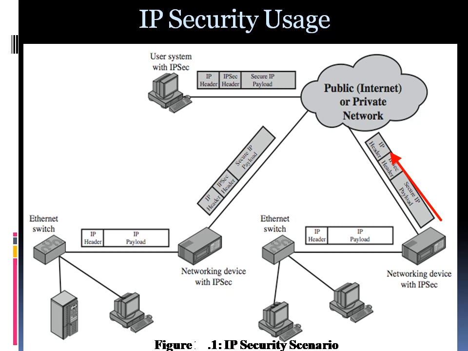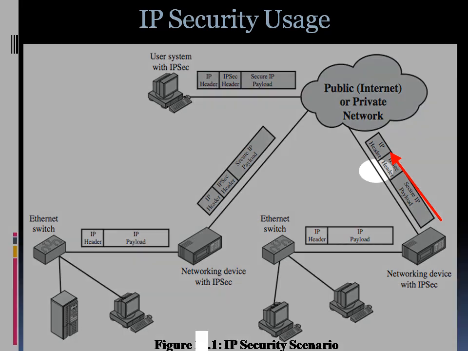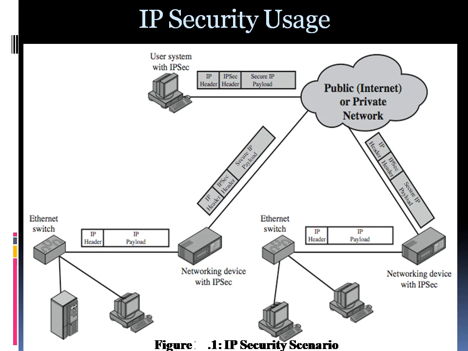As the packet goes out of the networking device, an additional header called the IPsec header is added to it. One thing you need to remember is that IPsec provides security in headers only. And so, we will be discussing the authentication header, that is AH, and the encapsulating security payload, that is the ESP header.